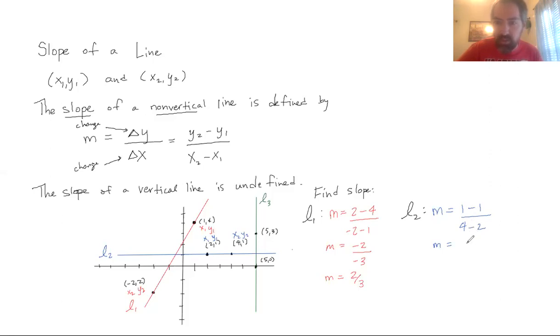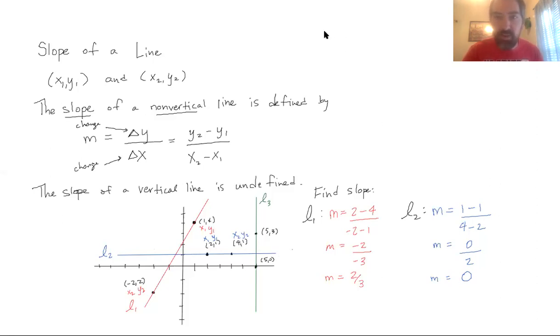So 1 minus 1 is 0 over 4 minus 2, which is 2, and 0 divided by anything, assuming it's not 0, is 0. 0 divided by 2 is 0. So the slope of a horizontal line, just going left to right, no increasing or decreasing, has a slope of 0. A horizontal line has a slope of 0.